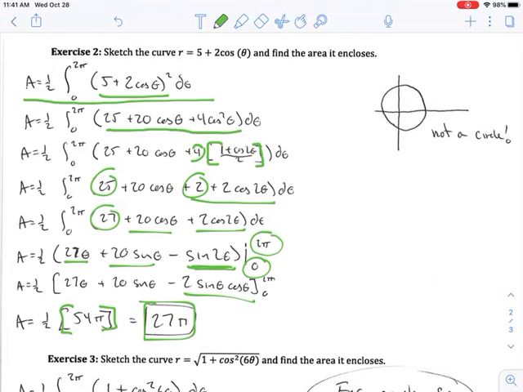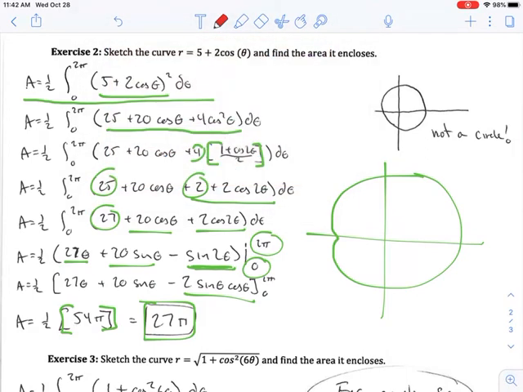And so again, just to enlarge this, we have a cardioid that looks something like this. When we're finding the area, we're starting at the pole and making little tiny sectors, and we're finding the area of each one of these sectors all the way around.